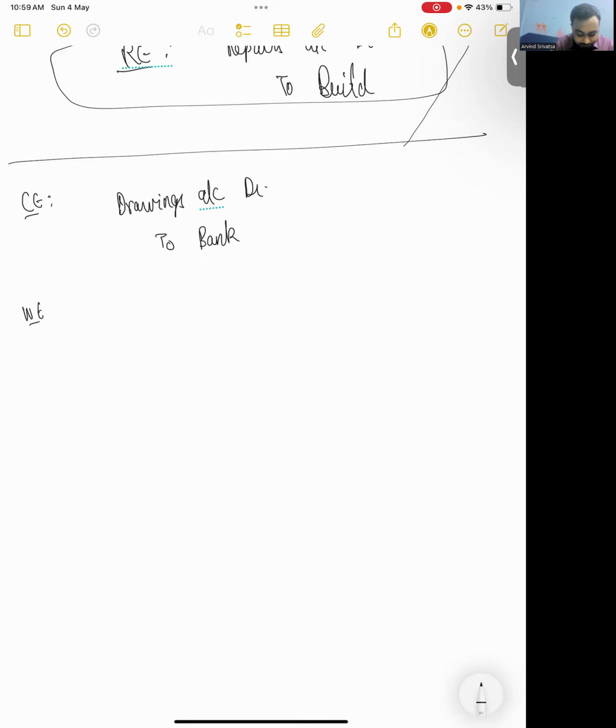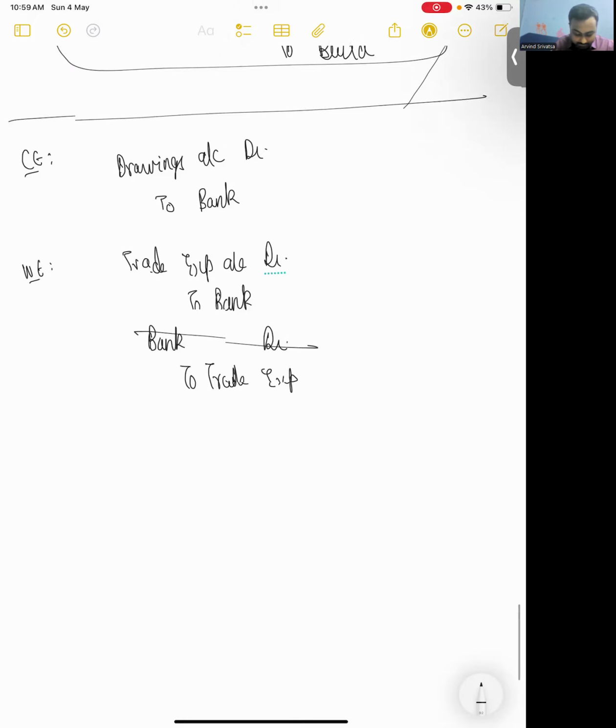Your wrong entry, the entry which they have wrongly posted, they have debited trade expenses account. Again, you'll reverse this bank debit, cancelled, cancelled.